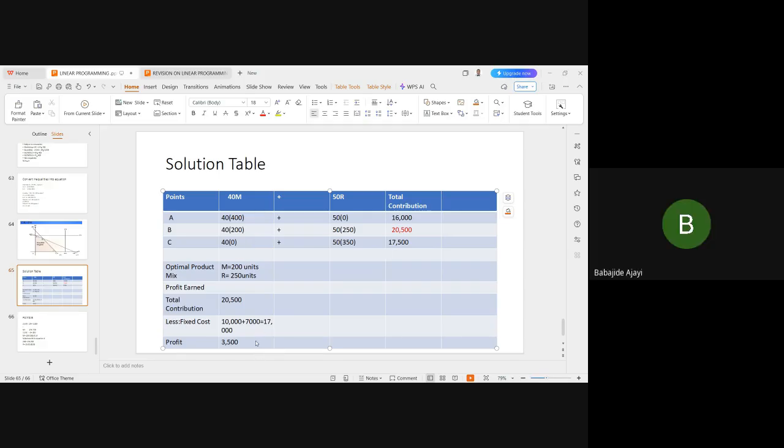Sir, I still have one more question. There is a question in the Pathfinder November 2021. That question obviously has more than one limiting factor, and ordinarily, based on what you have taught us about linear programming, I would have used the linear programming approach.